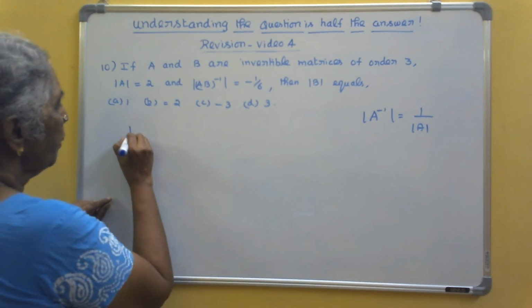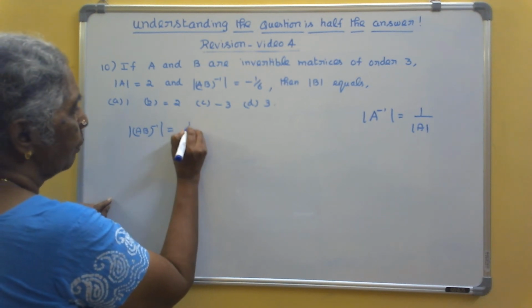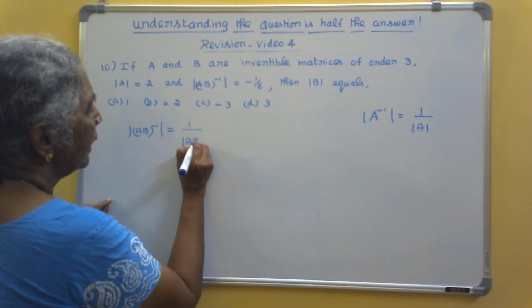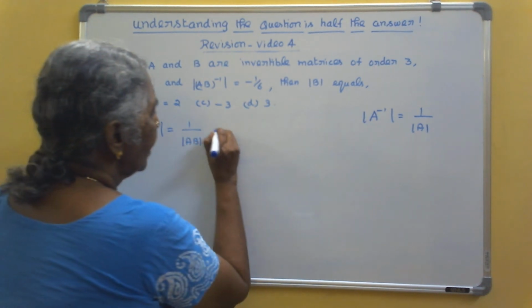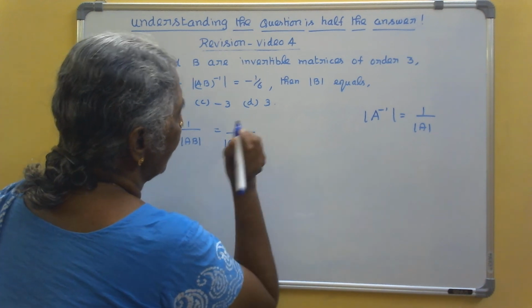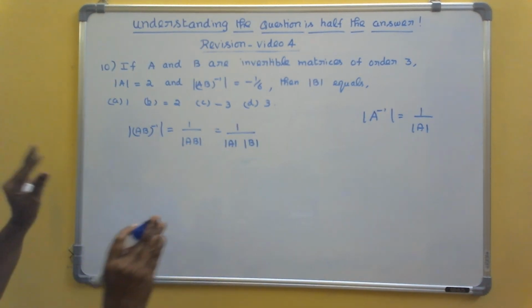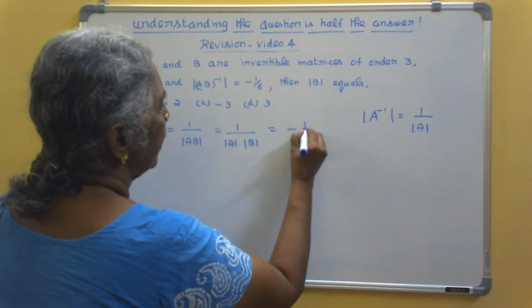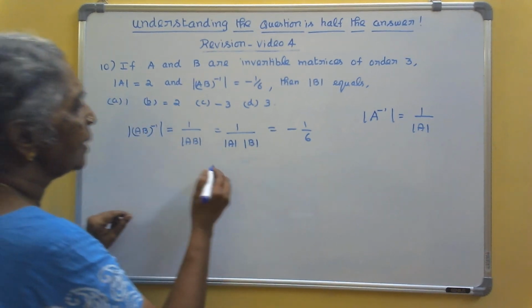So, determinant (AB) the whole inverse is nothing but 1 by determinant AB, right? 1 by determinant AB is 1 by determinant A determinant B. So this is another concept. So that is equal to, now given to be minus 1 by 6. You know determinant A is 2.